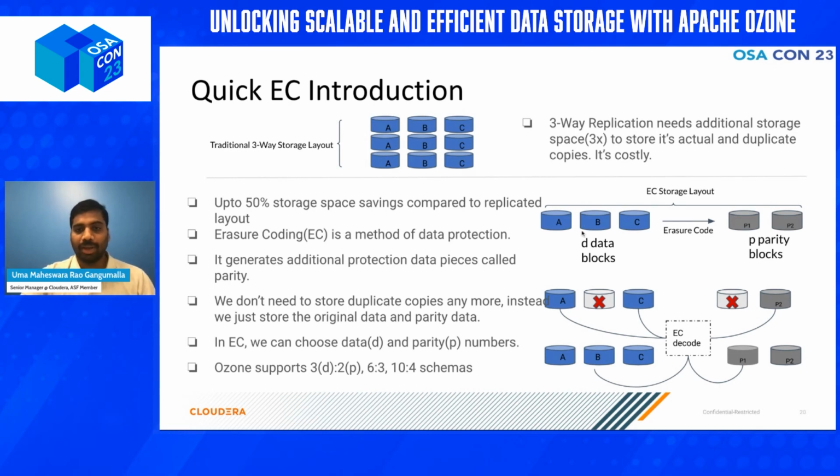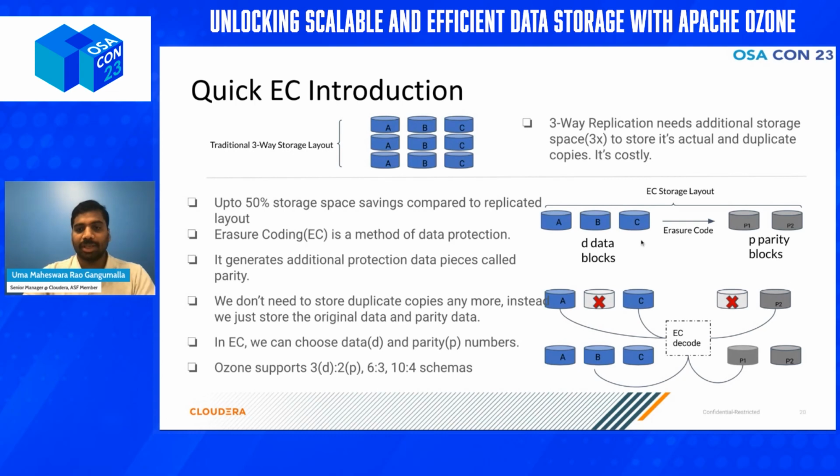In erasure coding, for the same ABC blocks, it only generates two additional parities. Then you can still lose any two nodes. Let's say in this example B and P1 are lost. Erasure coding can decode B and P1 back and serve users.